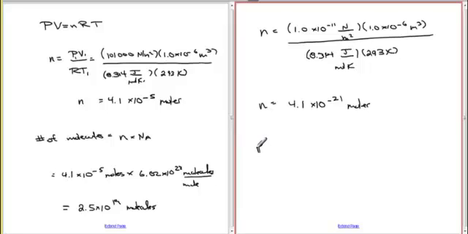And therefore, number of molecules is equal to 4.1 times 10 to the minus 21 moles times 6.02 times 10 to the 23rd molecules per mole.